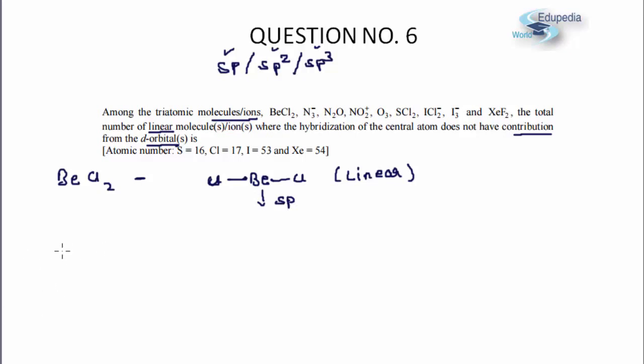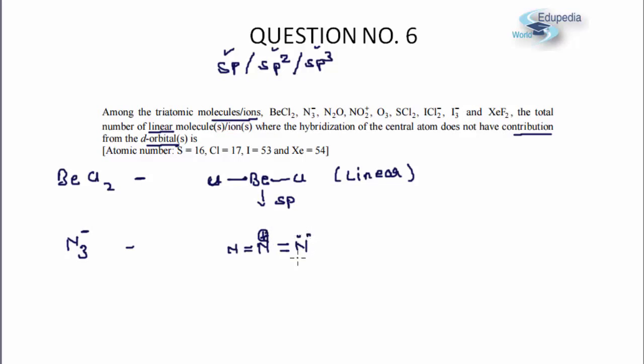The second has been given a very interesting case of azide ion, that is N3 minus. If I try to draw the structure, it has N double bond N and double bond N over here. Alright, this nitrogen has a positive formal charge.